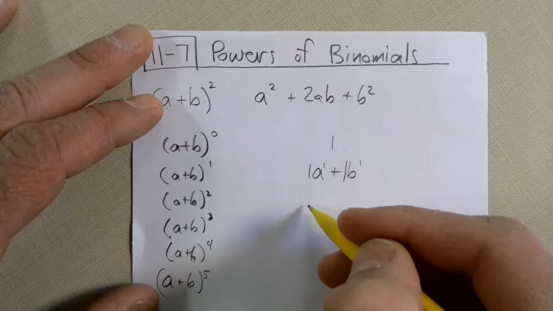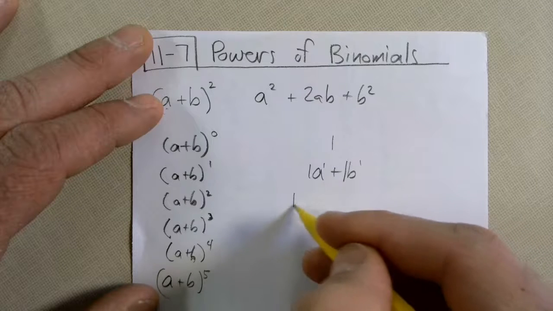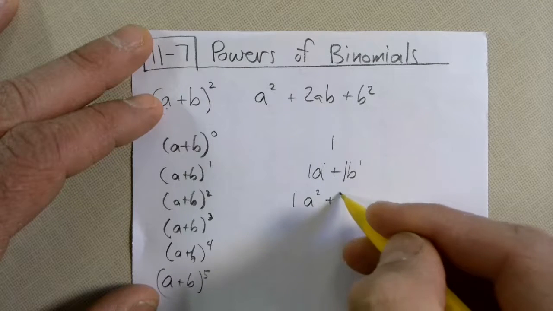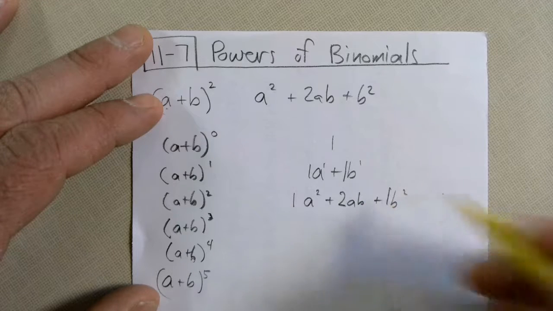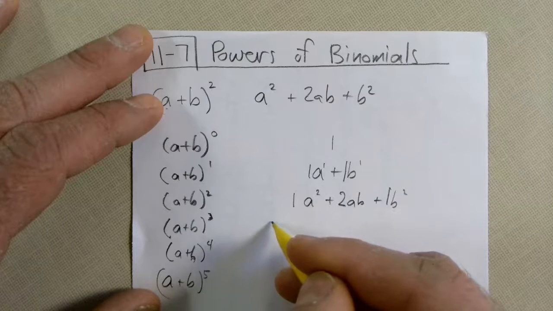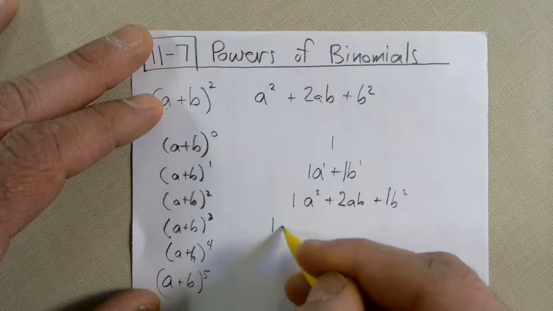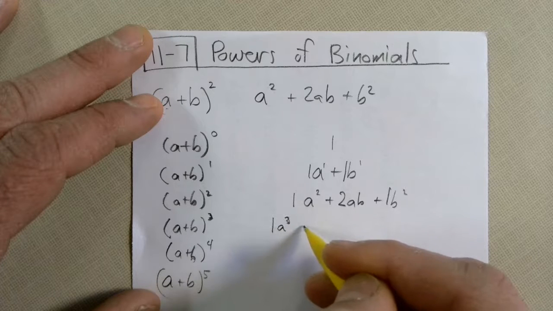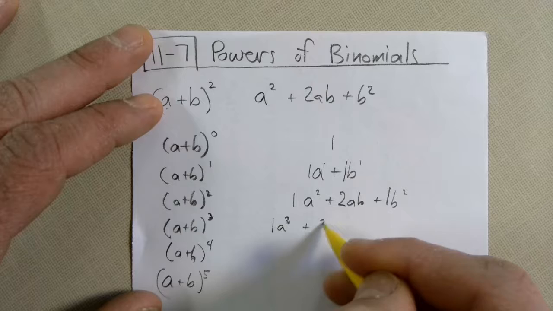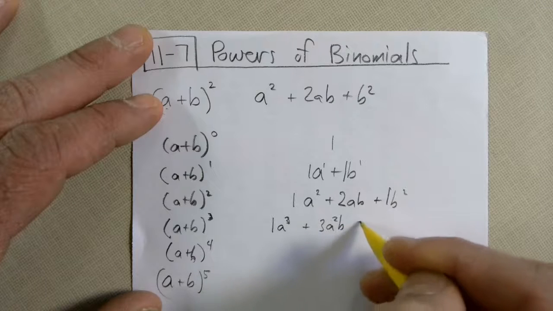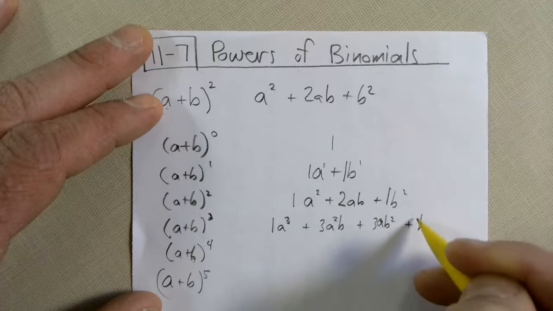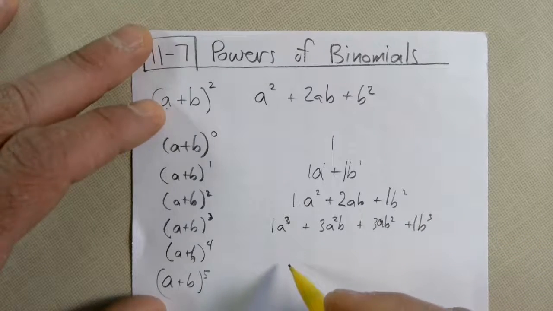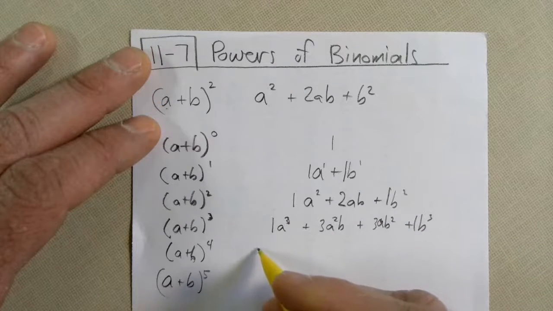Okay, a plus b squared is 1a squared plus 2ab plus 1b squared. Okay, now 1a cubed plus 3a squared b plus 3ab squared plus 1b cubed. Okay, there's a pattern developing here.